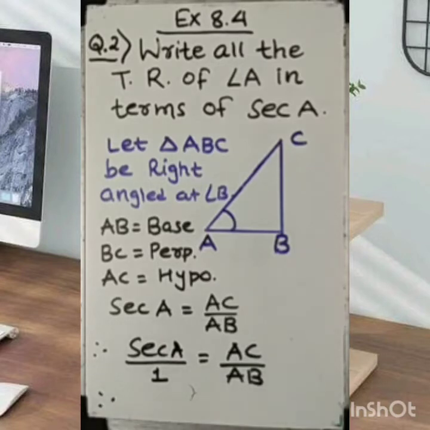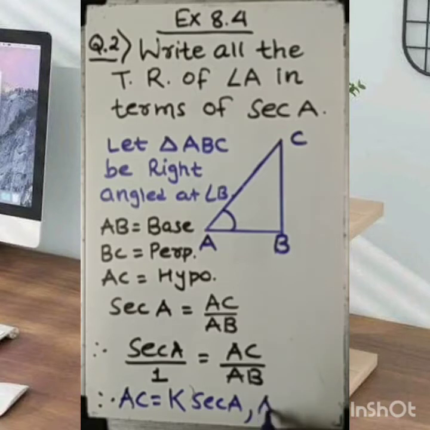If you remember nicely in question 1, what we have done, we have taken one constant. Similarly here also I am choosing one constant. So if I choose one constant to write in ratio form, then I need to mention AC equal to K sec A, K is a constant, and AB equal to 1 into K, that is K. Clear?